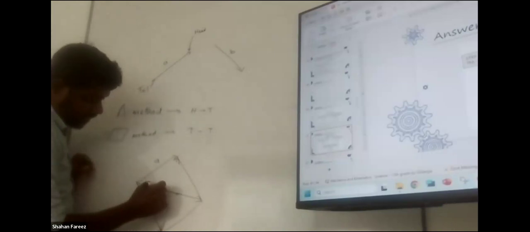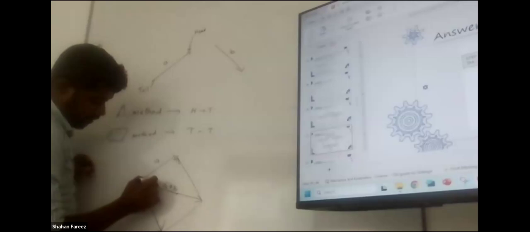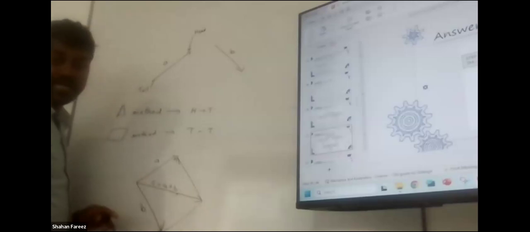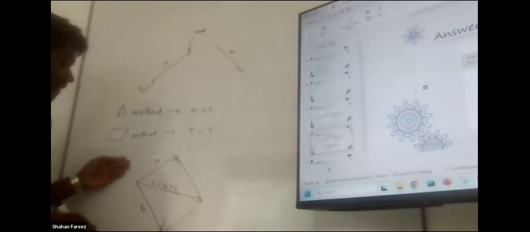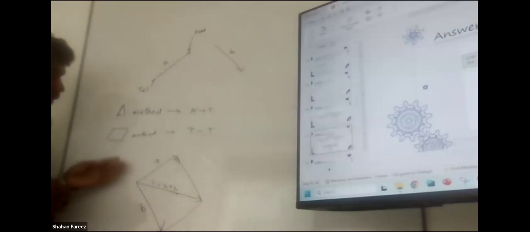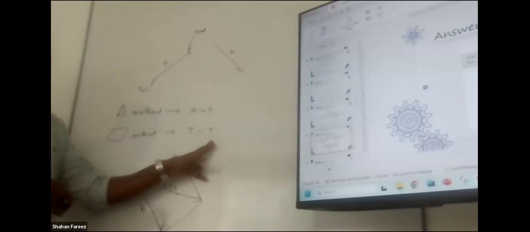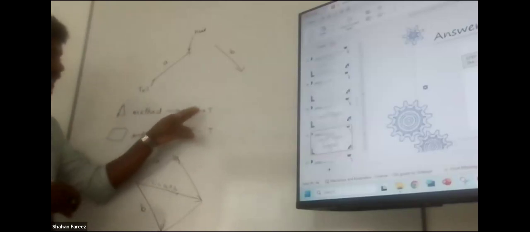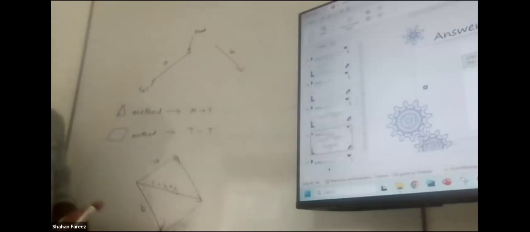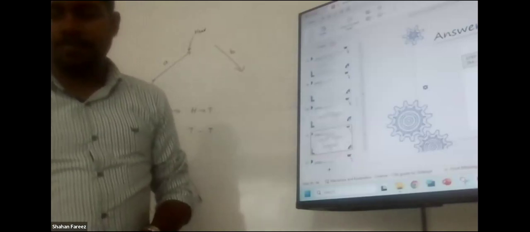Understood? So this vector will be known as A plus B, or the other one, C is equal to A plus B. So this is what we call the parallelogram, where we connect tail to tail, and in the triangle method we connect head to tail. So that is about that.